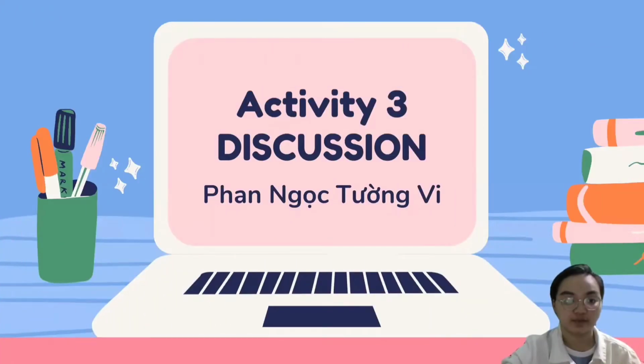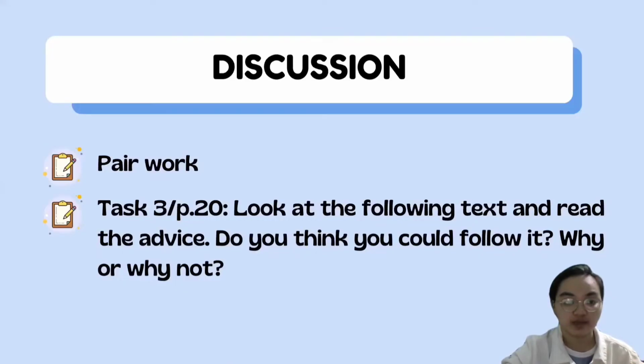So now we will continue with a small discussion. This activity will help you to exchange your opinions with your friends and improve your speaking by using relevant information about habits. You will have a 5-minute discussion with your partner to do task 3 on page 20 in your textbook. You will read the 5 pieces of advice in this text and answer the questions. Do you think you could follow it?